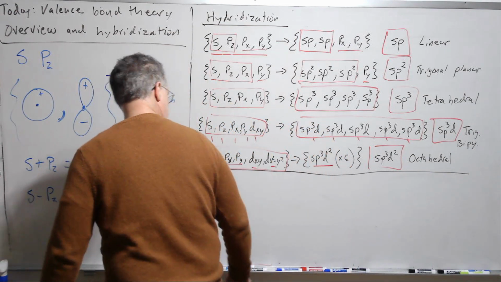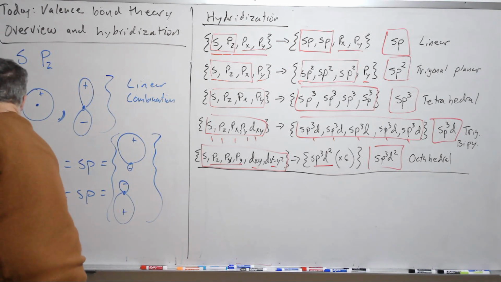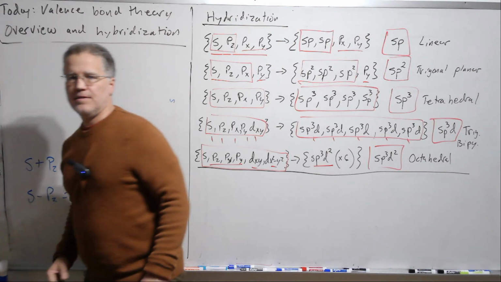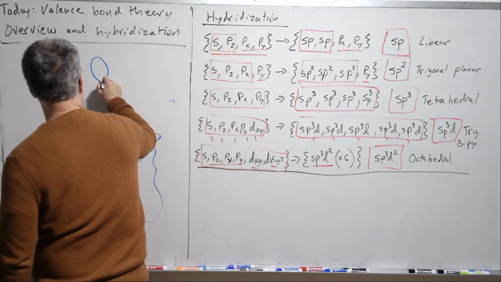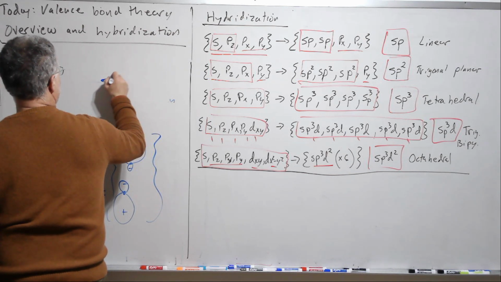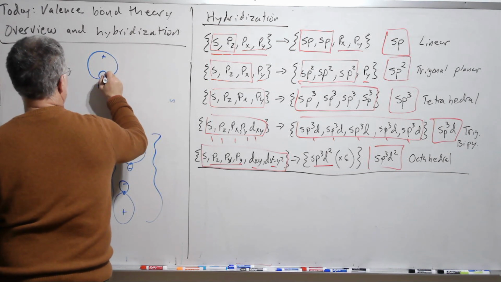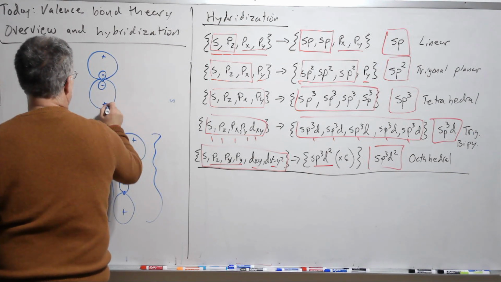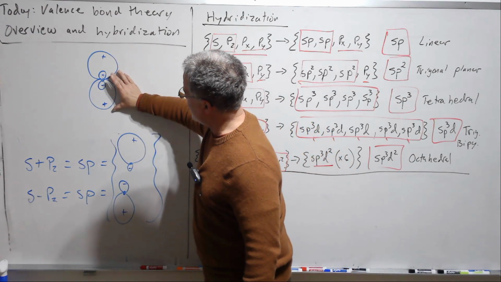Well, let's draw them then on the same nucleus and verify that we get a linear geometry. We've got one of them here, one of them here.